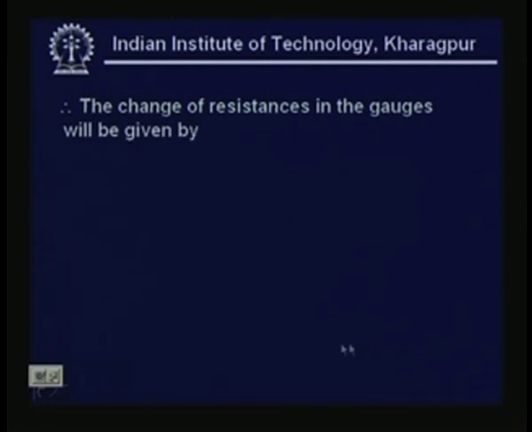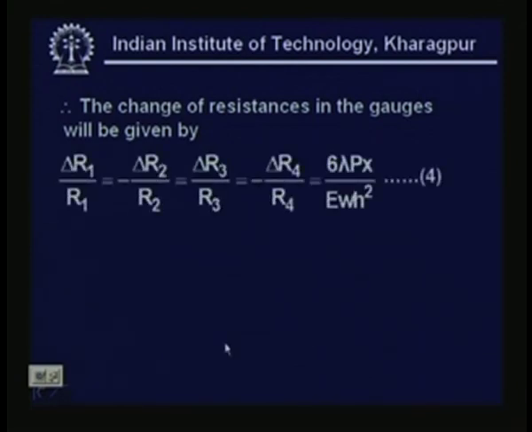The change of resistance in the gauges is given by delta R1 by R1 equals minus delta R2 by R2 equals delta R3 by R3 equals minus delta R4 by R4 equals 6 lambda Px by EWH squared, which is equation number 4.